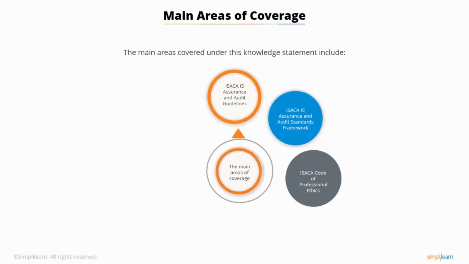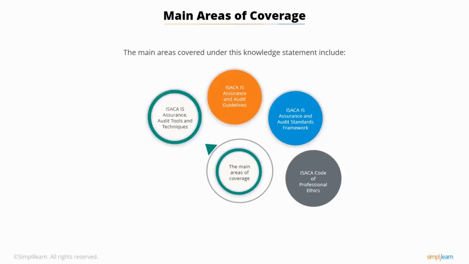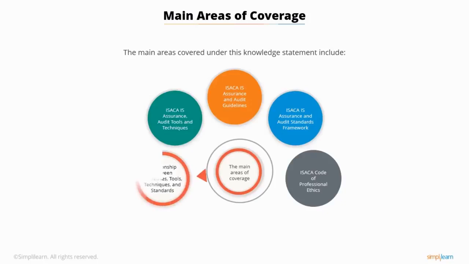In other words, for the framework and the guidelines, you need a general understanding. The CISA Information Systems Assurance, Audit Tools, and Techniques will permeate the CISA exam. You'll see some under this knowledge statement, and other tools and techniques will show up in other knowledge statements and even other domains. And finally, you need to understand the relationship between guidelines, tools, techniques, and standards.